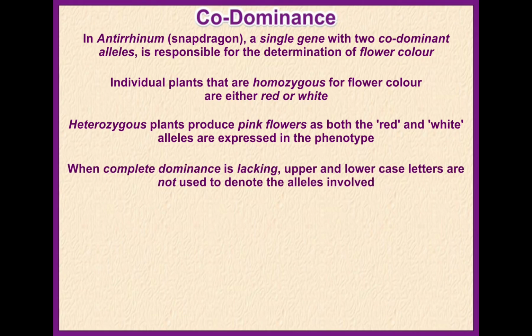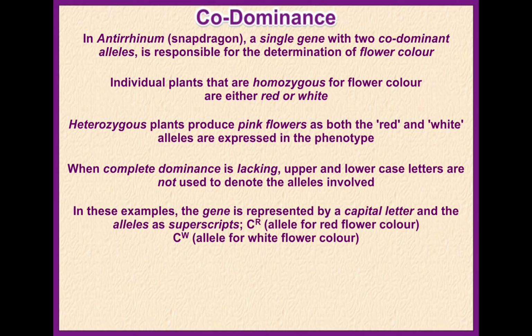Both phenotypes are expressed. When complete dominance is lacking, upper and lowercase letters are not used to note the alleles involved. In these cases, the gene is represented by a capital letter and the alleles as superscripts.